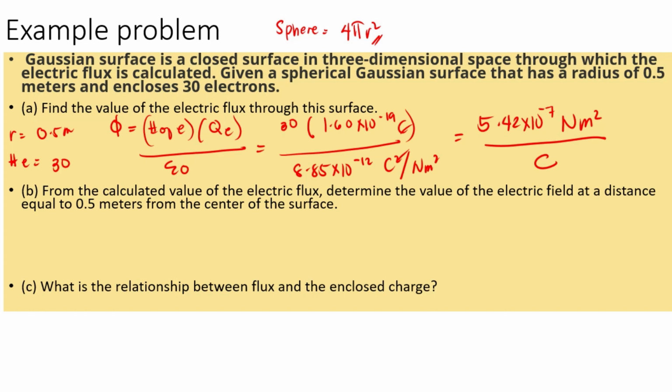Then, for letter B, calculate the electric field at a distance equal to 0.5 meters from the center of the surface.